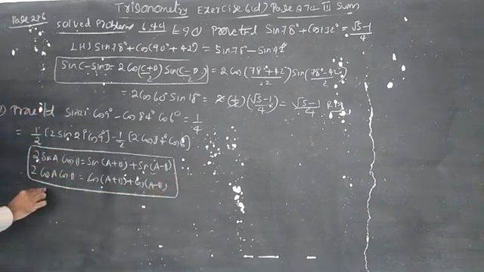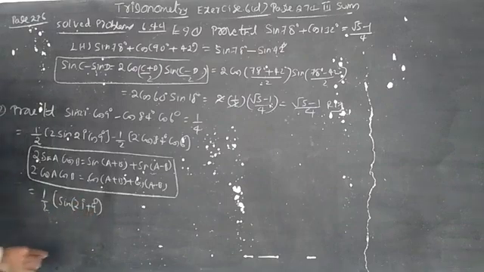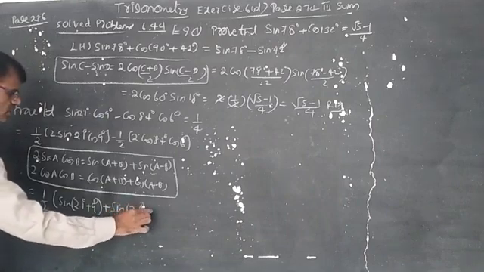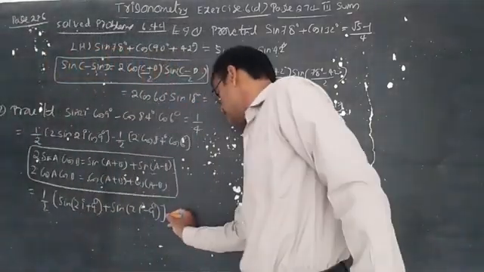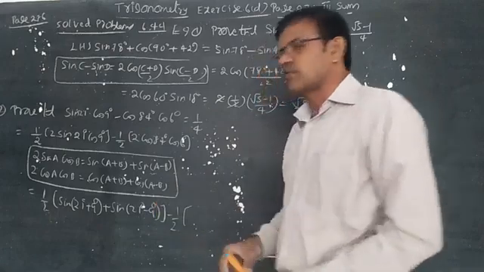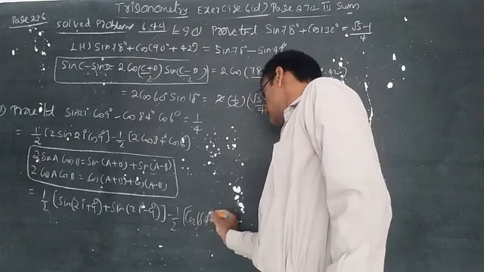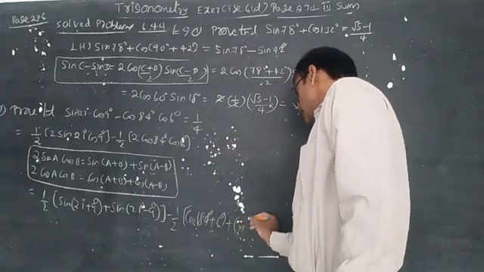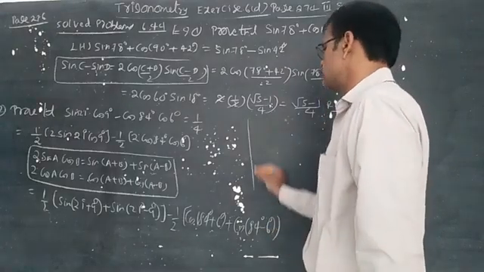According to this formula, apply now: 1 by 2 into sin of (21 plus 9) degrees plus sin of (21 minus 9) degrees, keep a bracket here, minus 1 by 2 into, in a similar way, cos of (84 plus 6) degrees, it is plus, plus cos of (84 minus 6) degrees.